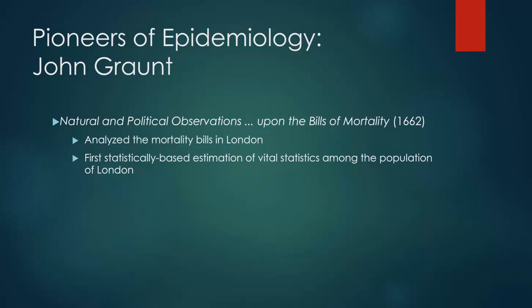Another early contributor to epidemiology was John Graunt, a London haberdasher and a councilman who published a landmark analysis of mortality data in 1662. This publication was the first to quantify patterns of birth, death, and disease occurrence, noting the disparities particularly between males and females, the high infant mortality, and urban and rural differences, as well as seasonal variations.